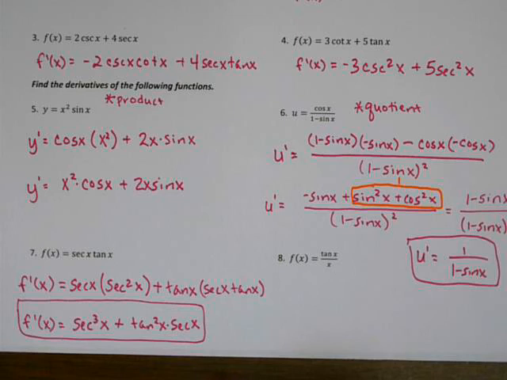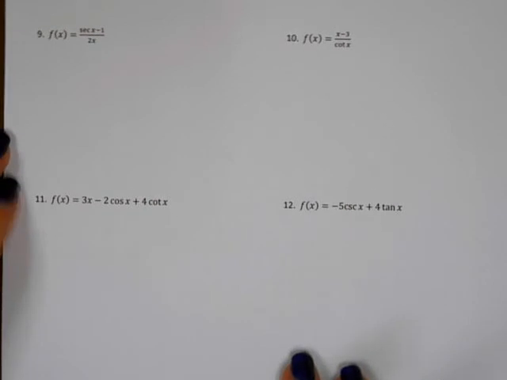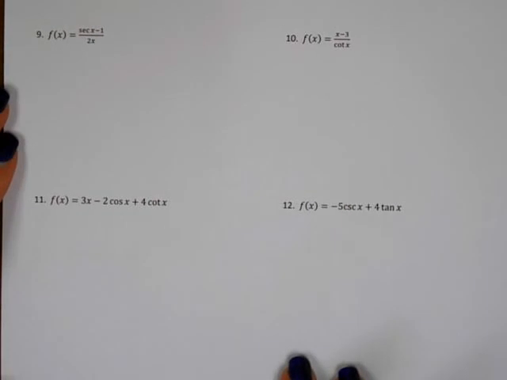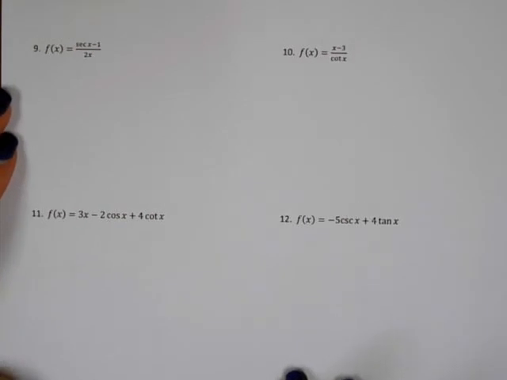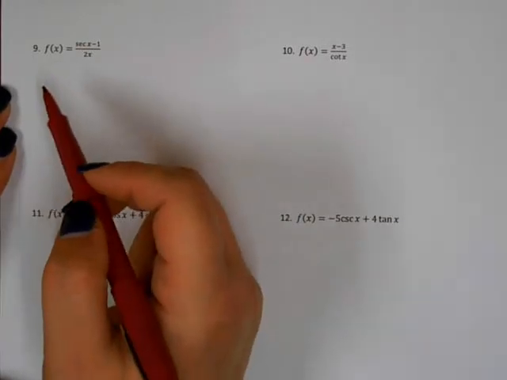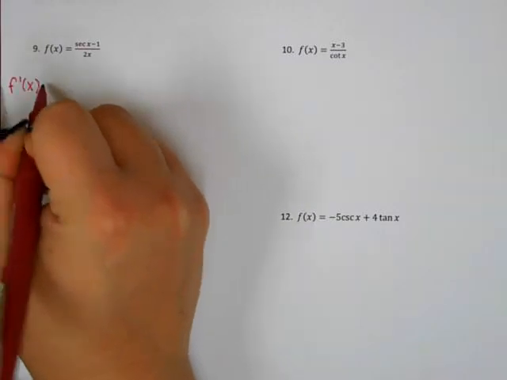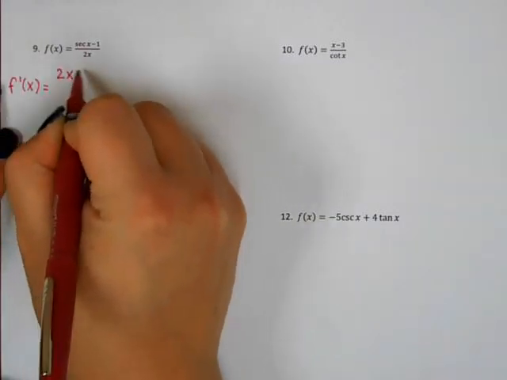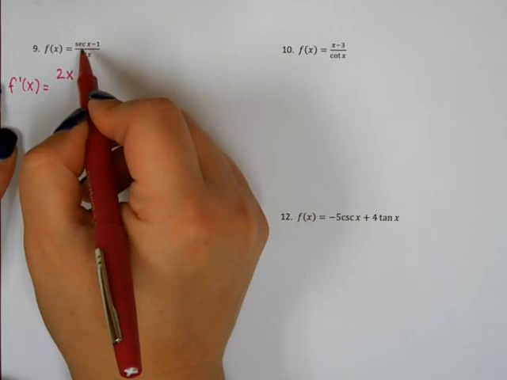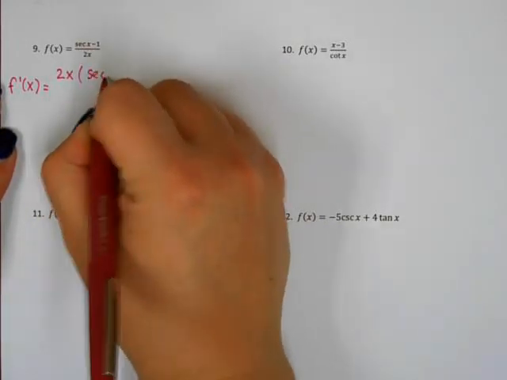All right, we're going to skip number 8 for right now because we're going to jump actually to number 9, which is also a quotient rule. So we're going to do that one instead, and we'll look at number 8 in class if we've got questions. So number 9 is a quotient rule. So f prime of x is going to equal low, which is 2x, d high, so the derivative of secant x minus 1 is secant x tangent x.